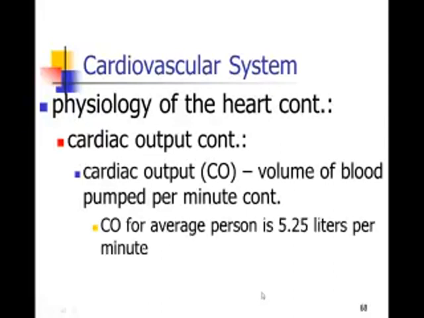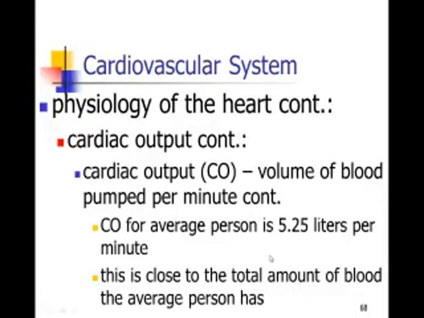For an average person, it's about 4.25 liters per minute. That's pretty close to all the blood that an average person has in their circulatory system. And this is at rest. That's pretty impressive that your heart's doing all that work every minute of your life.